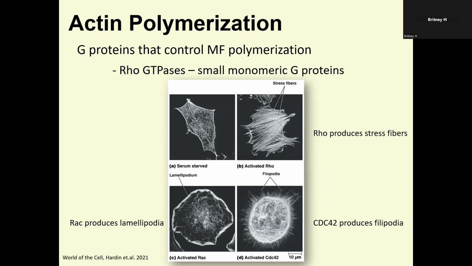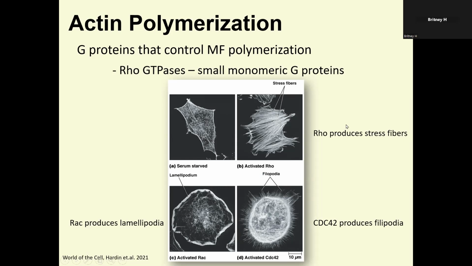We turned off all the receptors. This is just kind of a quiet state of the cell. And then you can input a Rho that's constitutively active. So it's easy with these G proteins to change an amino acid, site-directed mutagenesis, so they don't break down GTP anymore. They're just constitutively active.